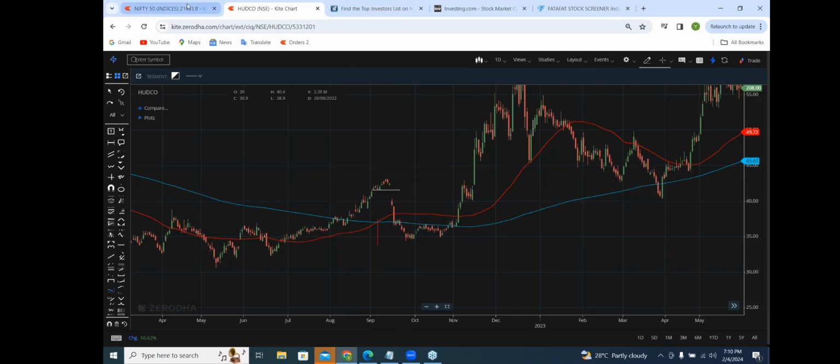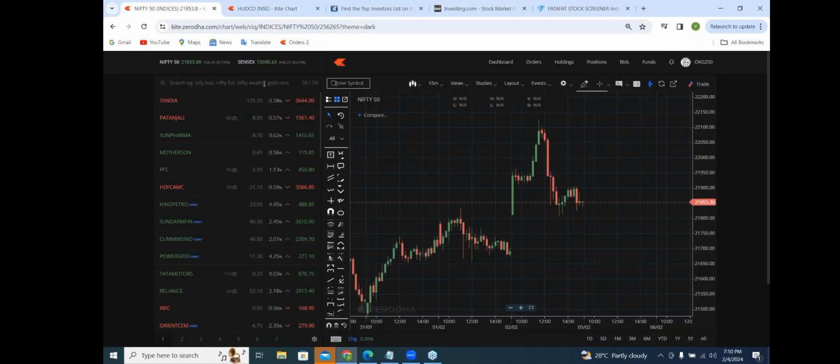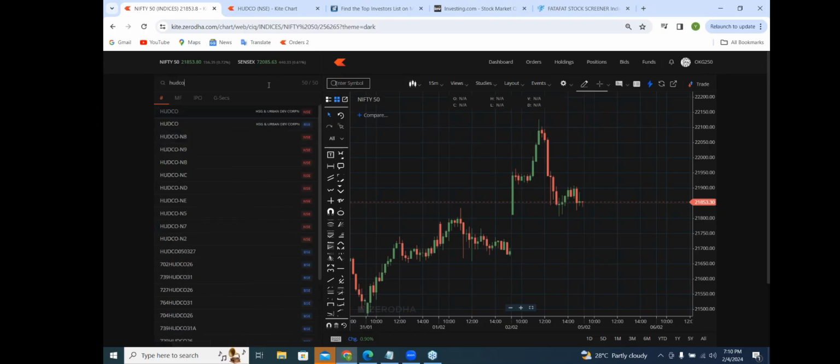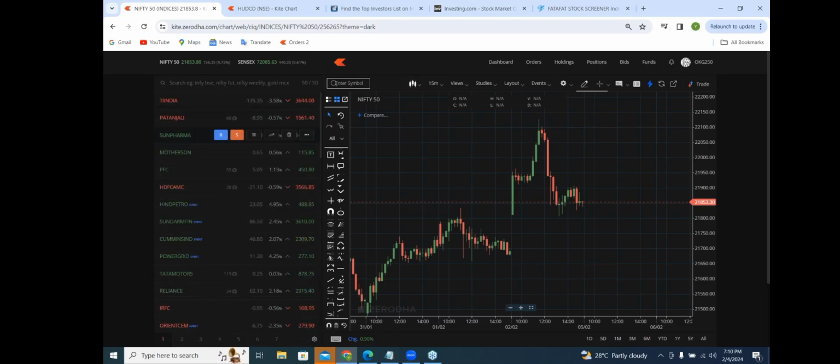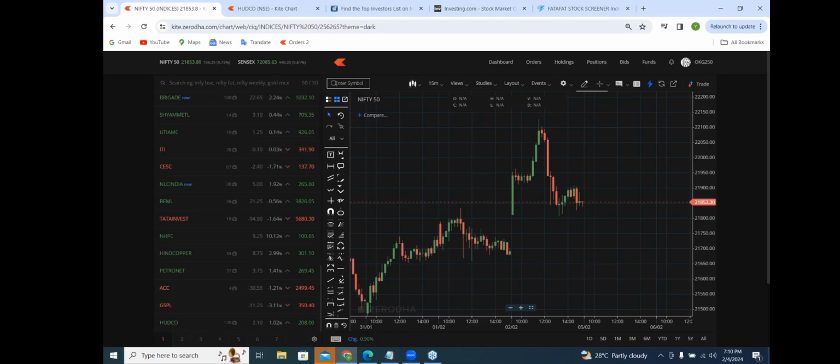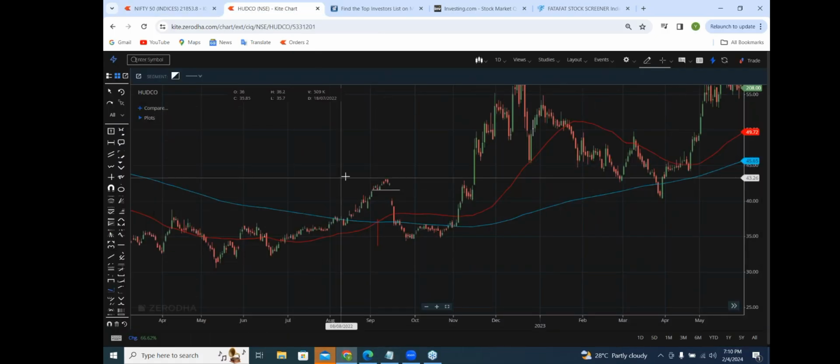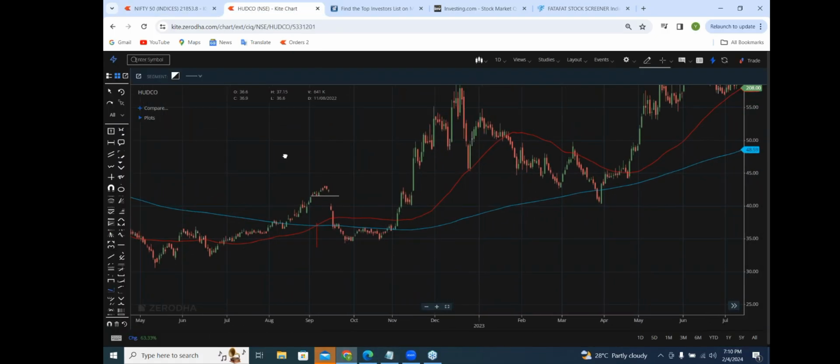So let me add the stock here. Listen to me very carefully. I'm trying to make your investment process very simple with a lot of value addition here. Arun Kumar ji, Oro Pharma, how much profit you have?